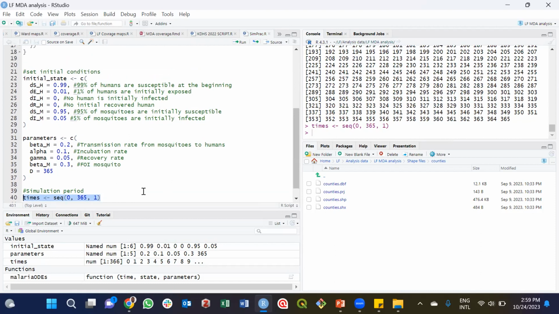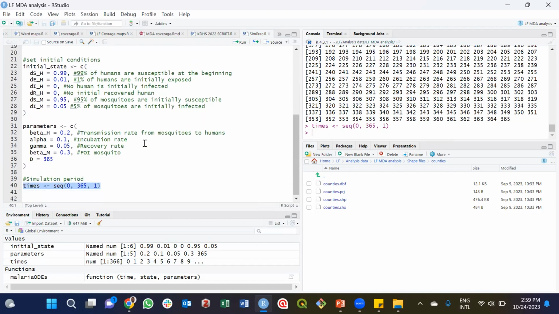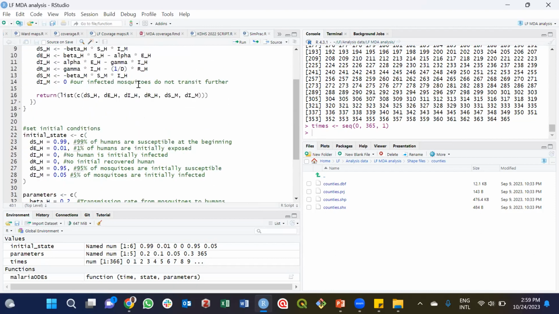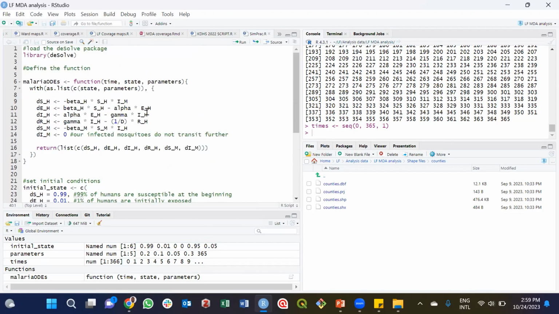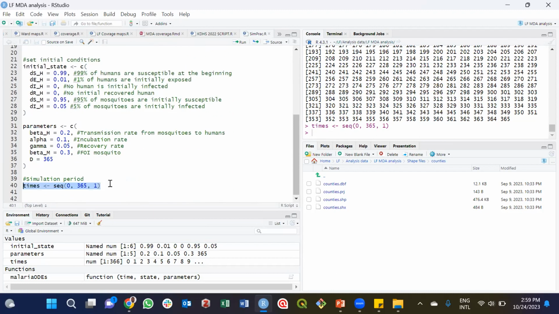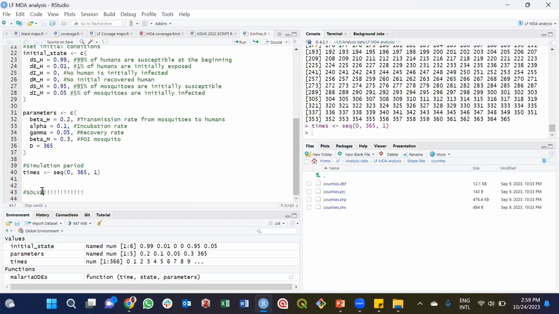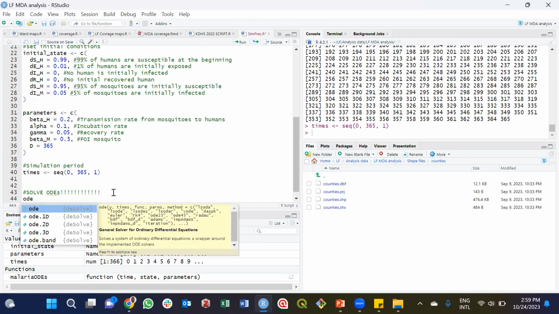What else? Now to solve the system of ordinary differential equations, because we have our time, we have our state variables, we have our parameters. Here to solve, we will use the ode function.